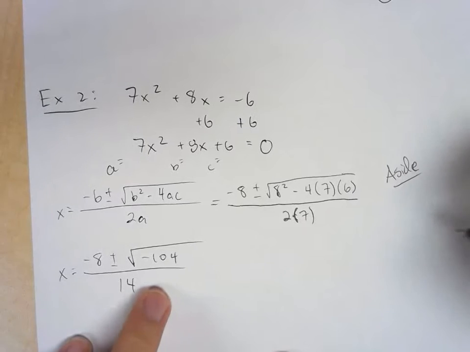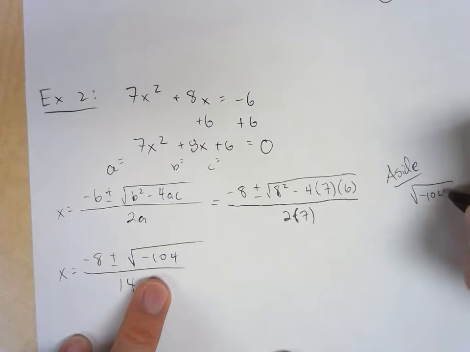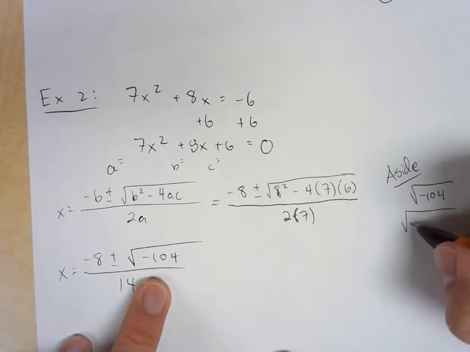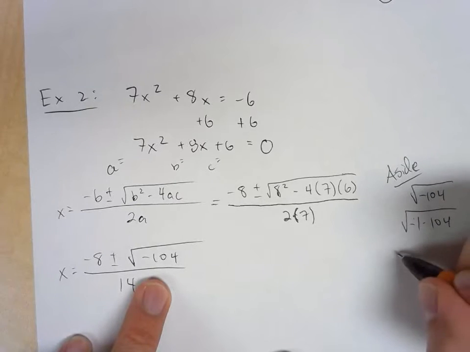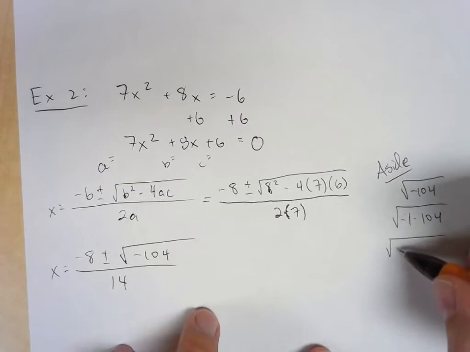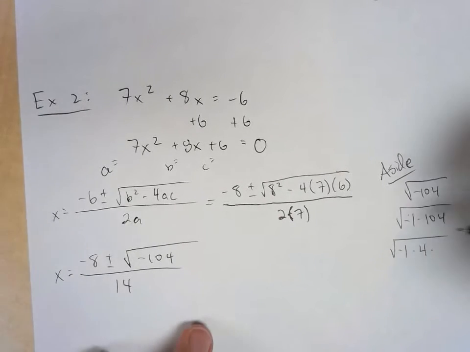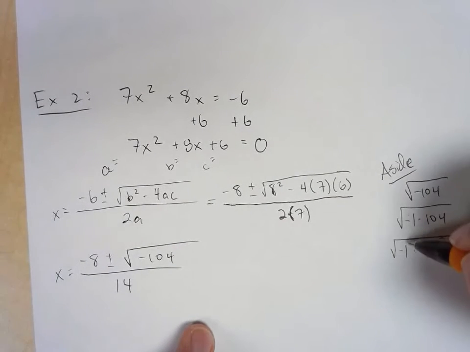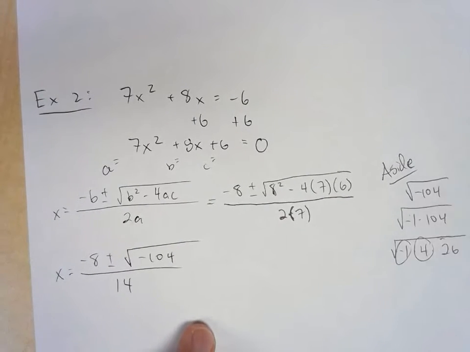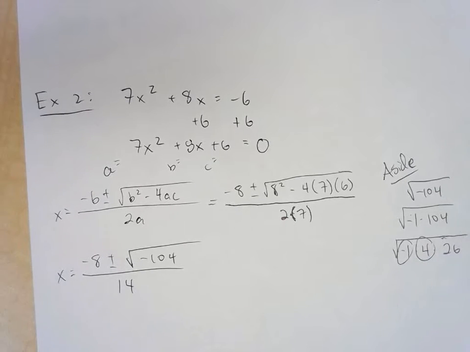Square root of negative 104, we know this is negative 1 times 104, and we know that 104, I think, is 4 times, let's see, quick division, I think it's 21? 26. Wrong again. Oh well. 26. I know I can take the square root of negative 1 and get i, I can take the square root of 4 and get 2, and I can't break 26 down into the product of a perfect square anymore.